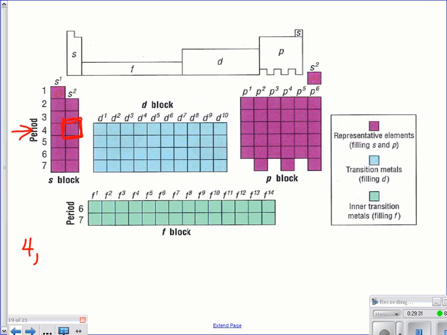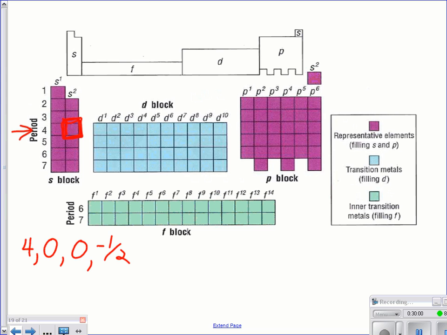S. And for S, what quantum number do you assign? 0. Well, our third one, M sub L, is anywhere from negative L to positive L. So negative 0 to positive 0. So that's just going to be 0. Now for calcium, if I were to do an orbital spin diagram, would that very last electron be an up arrow or a down arrow? Down, so it's going to be a negative 1/2.